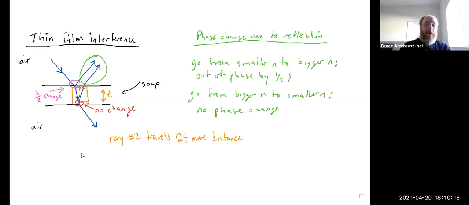This different distance, we're going to get either constructive or destructive depending on whether it's a whole number of wavelengths or a whole plus 1/2 number of wavelengths. Exact same argument as before. So what we're going to need to look at is whether this 2t is a whole number of wavelengths or whole plus 1/2 number of wavelengths.